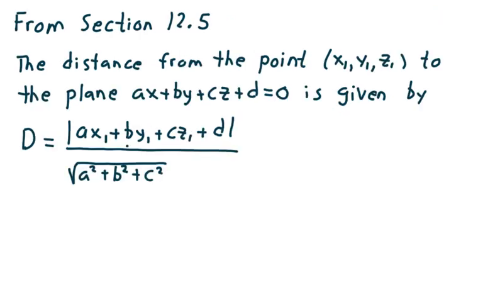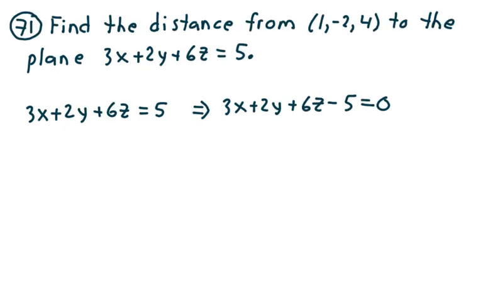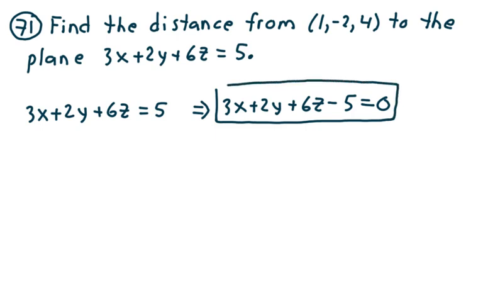Notice how we write the plane in the form ax + by + cz + d = 0. That's not what we have here, so we have to take 3x + 2y + 6z = 5 and rewrite it as 3x + 2y + 6z - 5 = 0.